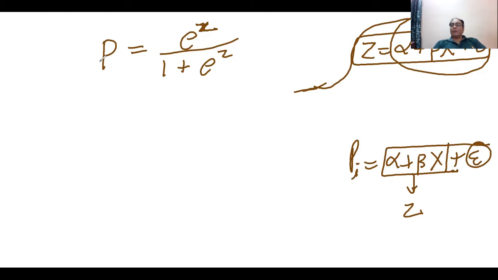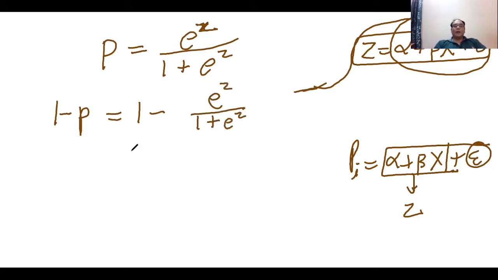Can we calculate the probability of the event not happening? You know that 1 minus P is the probability that the event will not happen. Now let's calculate 1 minus e to the power z upon 1 plus e to the power z.